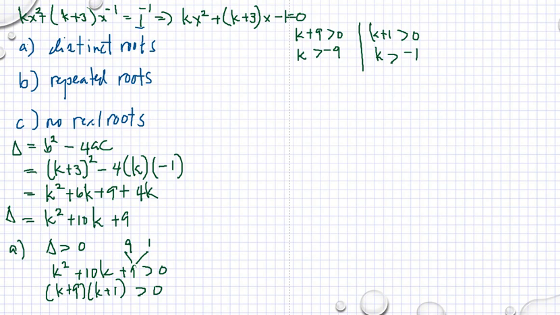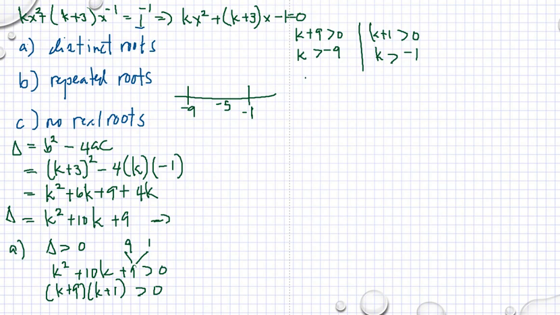We will see in our line diagram here, we have negative 9 and we have negative 1 there. I will test negative 5 for example. Let's see if we will get a positive.